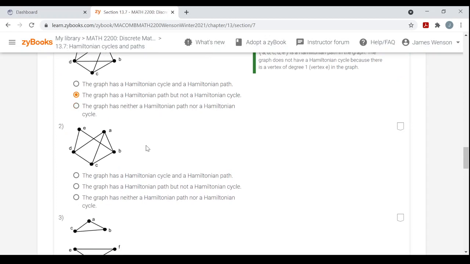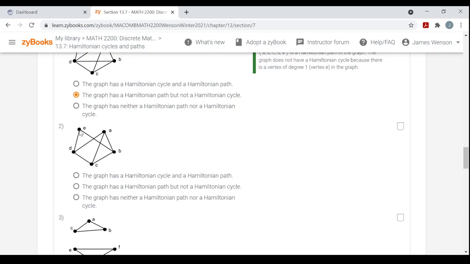How about this graph? So again, let's just play around here. Now this is not a complete graph or anything like that. None of the vertices have degree 1, so I can't say it doesn't have a cycle. So we're going to have to mess around with this. Well, let's see. I can see a path again. Just go A to B to C to D to E. There's your Hamiltonian path.